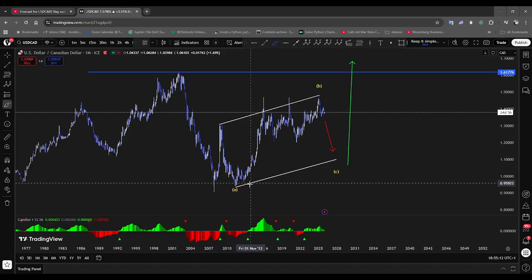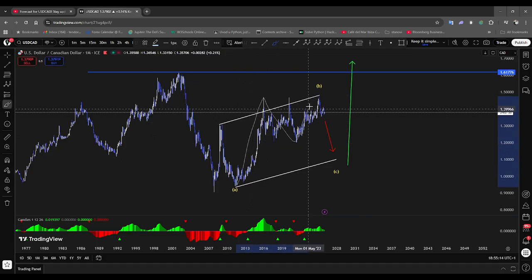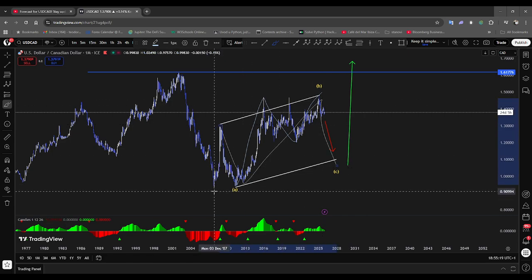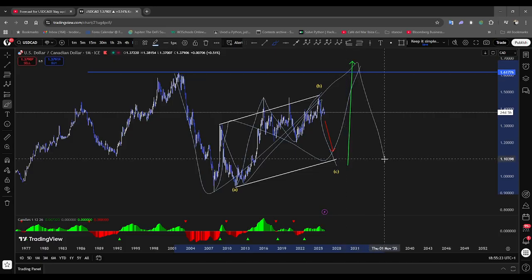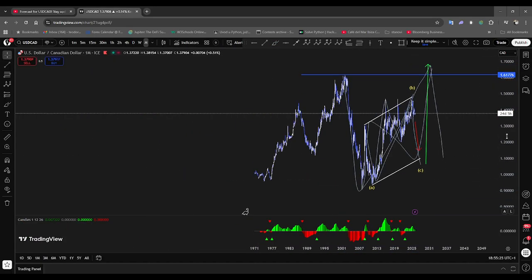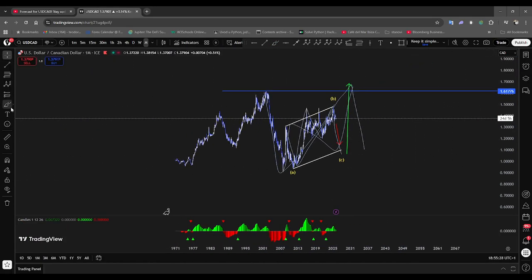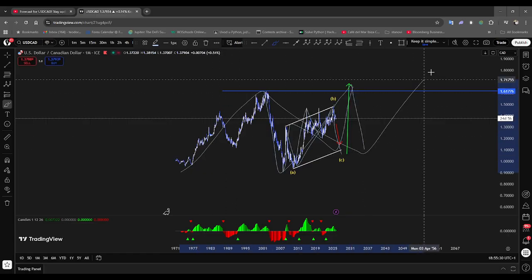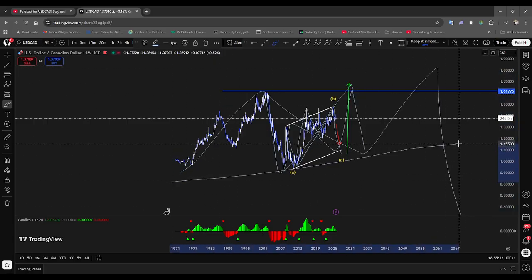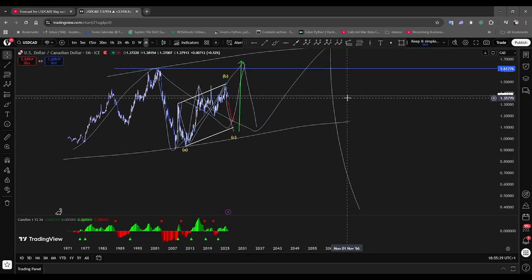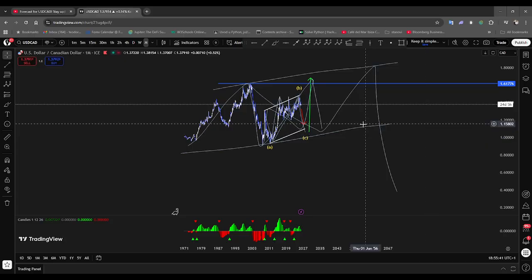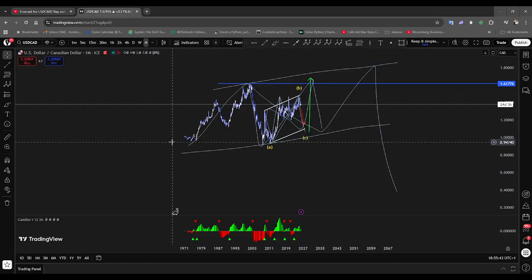So this would give us A, B, C, and A, B and C at each degree, and finally the highest degree would give us A, B and C, and then we'll go down here. But this is very complicated, and I don't think any of us would live long enough to see if this structure will complete like this or something else.